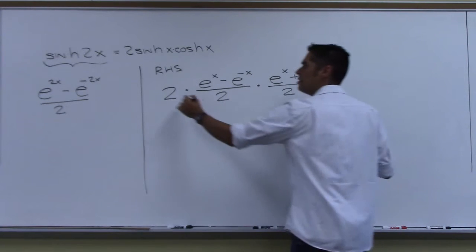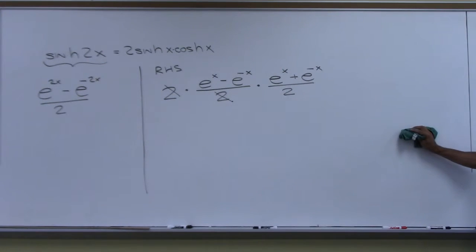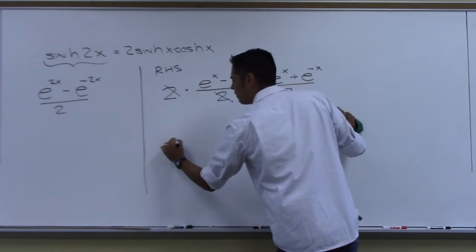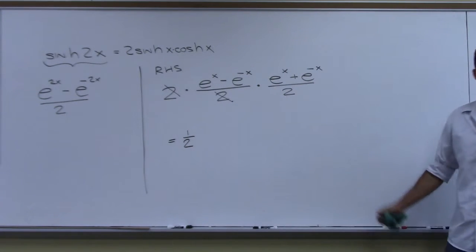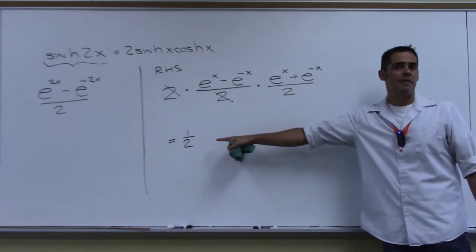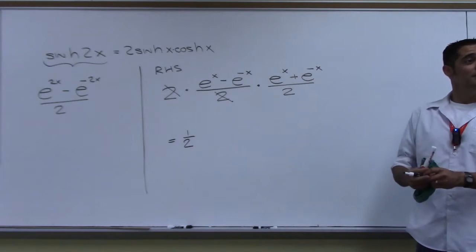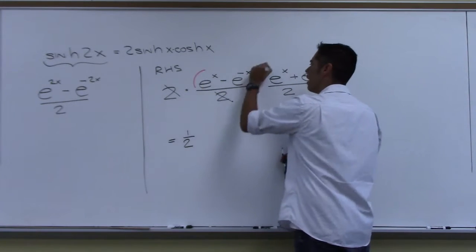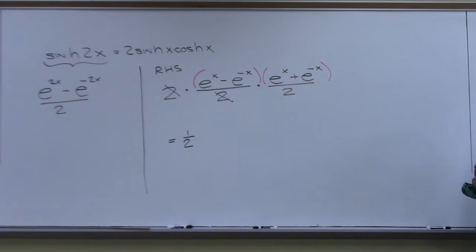I can say at least one of these 2's cancel, right? This 2 that's still here, I can write as a 1/2 out front. Agreed? This 2 on the bottom is like a 1/2 out in front? Okay. And now I can multiply these 2 together, and I can do like a FOIL. So let me try that out.